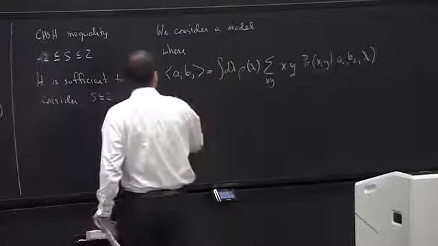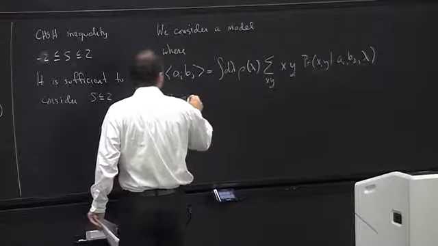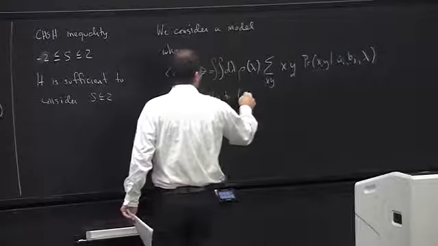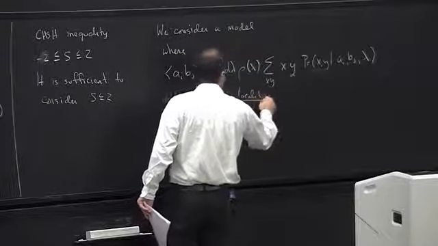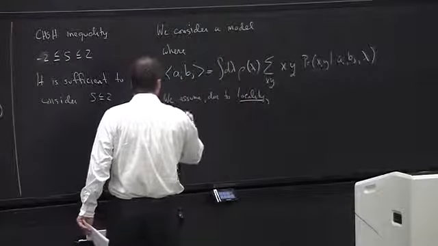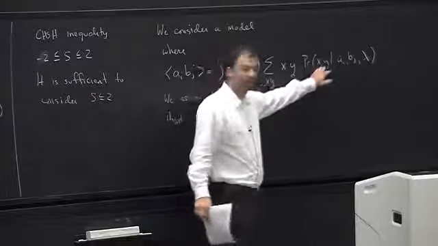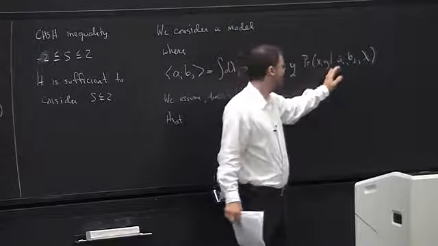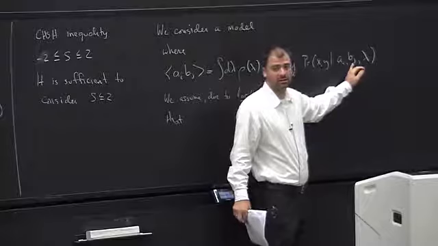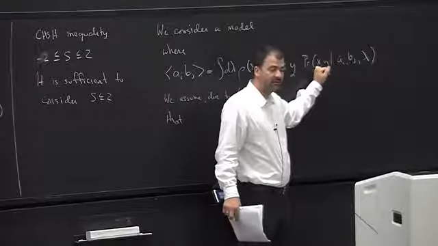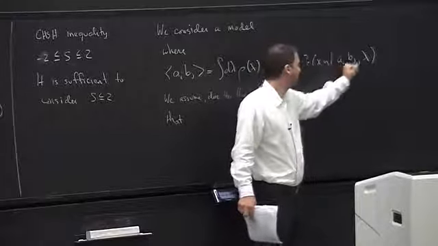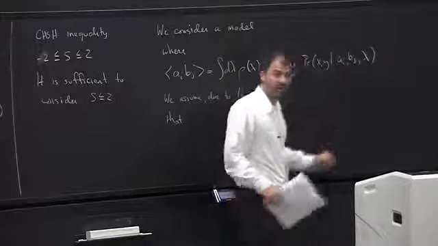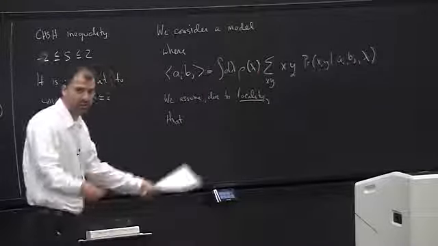So now we're going to make a locality assumption. We assume, due to locality, that the probability of getting outcome x does not depend on Bob's outcome y or on Bob's choice of measurement, because that's happening in a space-like separated way, or whatever other reason you want to invoke for the independence.